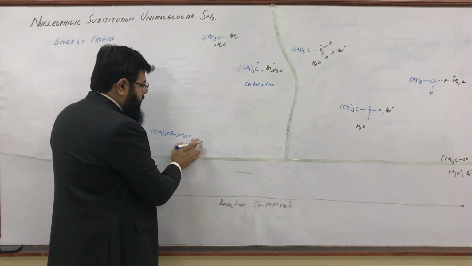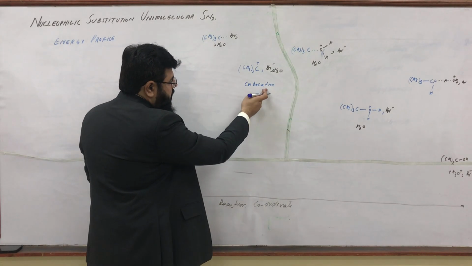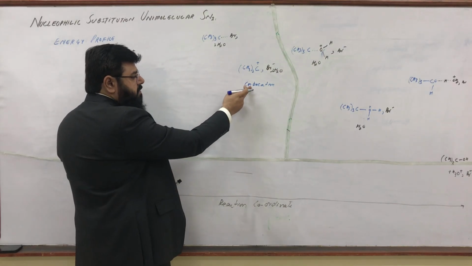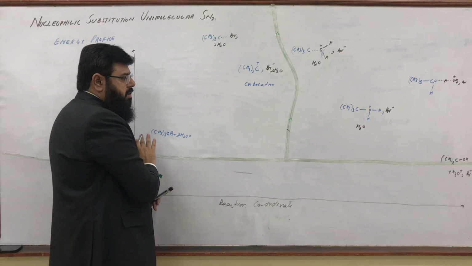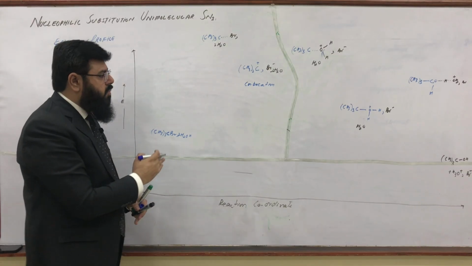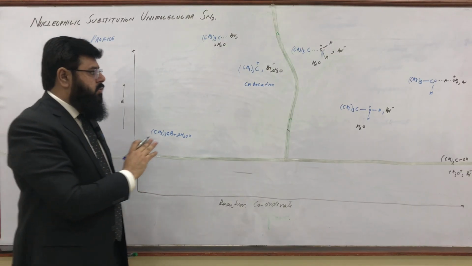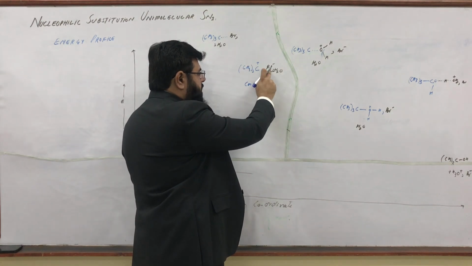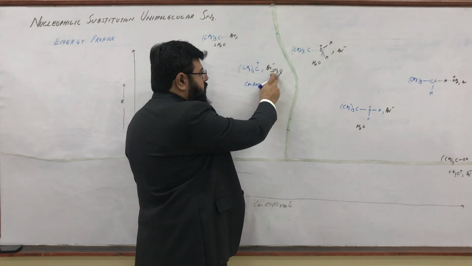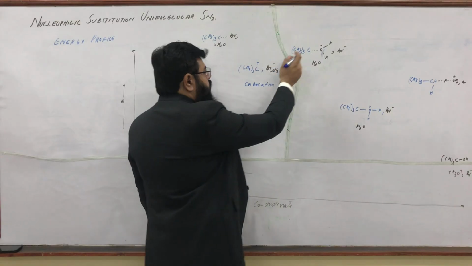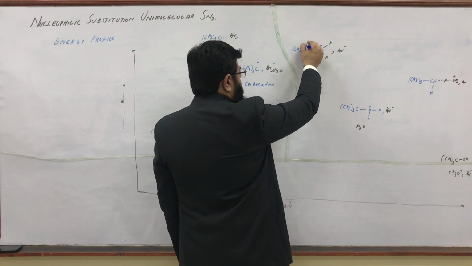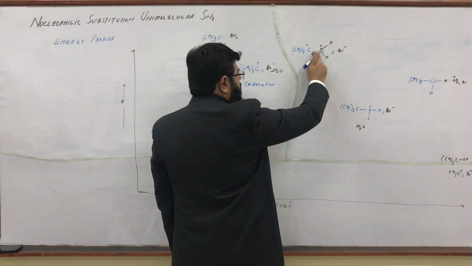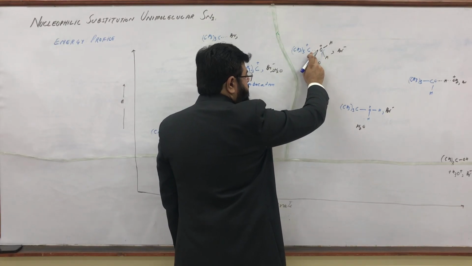So we can say that from here to here is the completion of first step. This first step is also the rate determining step. This is also known as the slow step. When this carbocation is developed in aqueous media, a water molecule will start approaching this positively charged carbon. Again, whenever there is a bond development, the energy of species will increase.